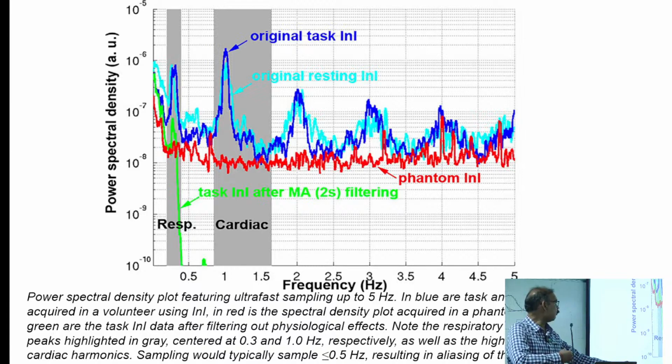So if one could collect data at a much faster rate, then one would be able to not only look at cognitive changes, or changes corresponding to the task, but one could also look at the underlying physiological changes if there is any significant change occurring, right?